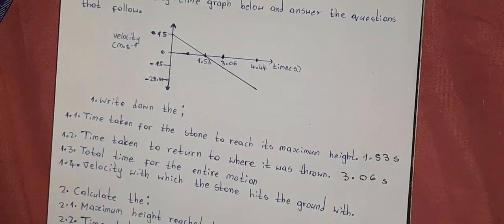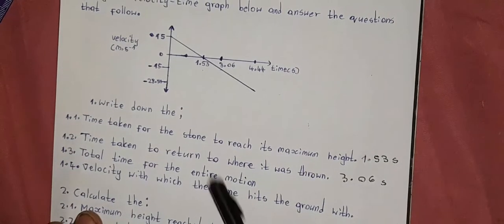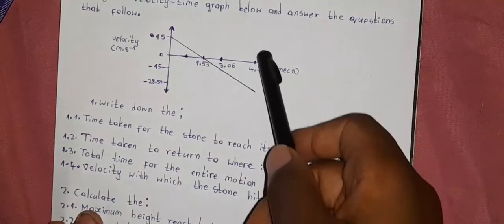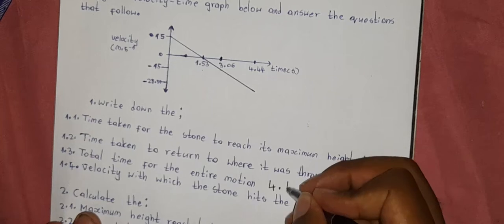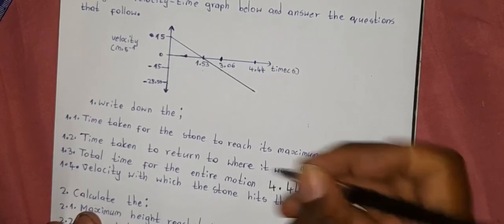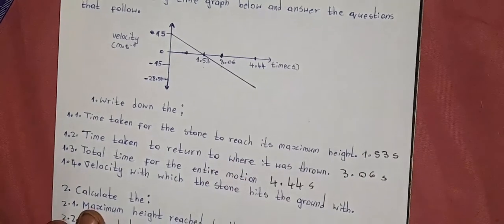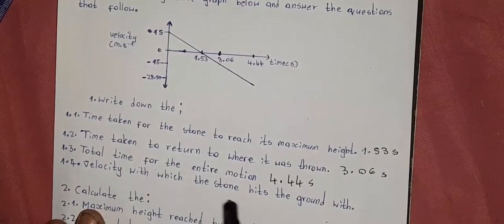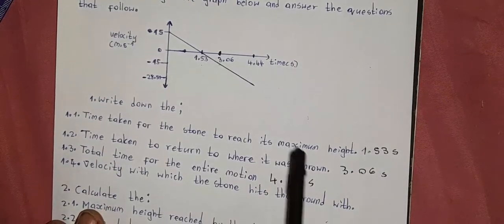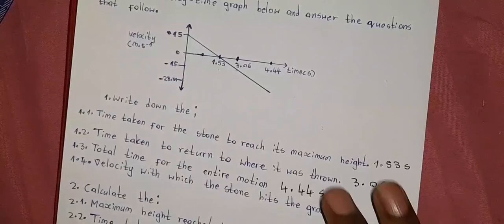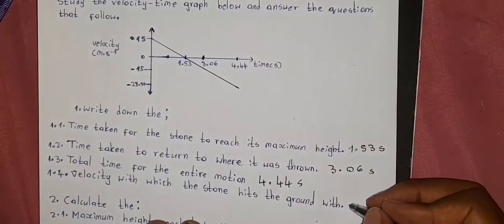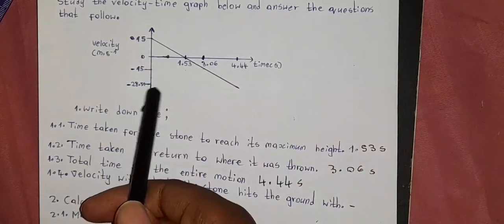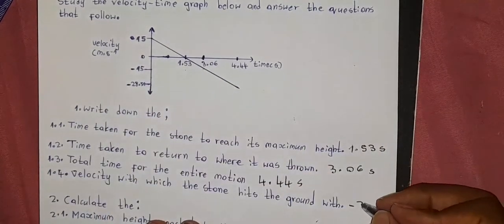Write down the total time for the entire motion. So the total time for the entire motion is 4.44 seconds. We can see it here. And then write down the velocity with which the stone hits the ground. That means the final velocity, which is negative 28.51.